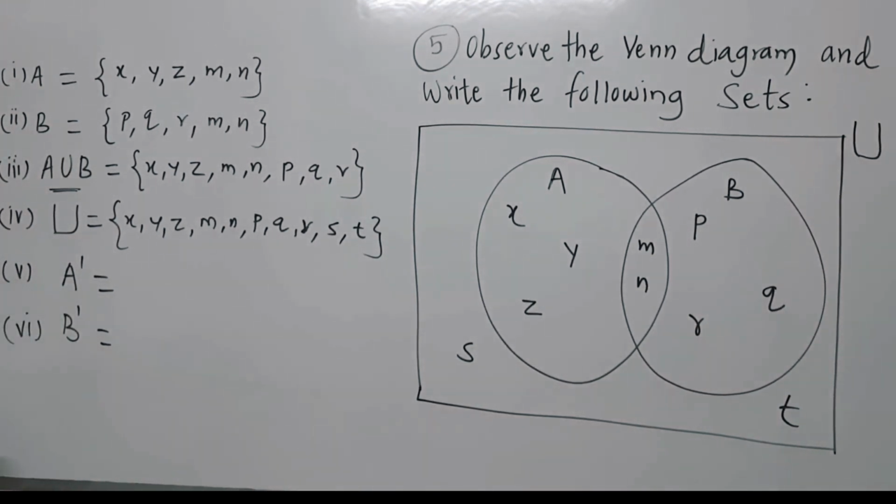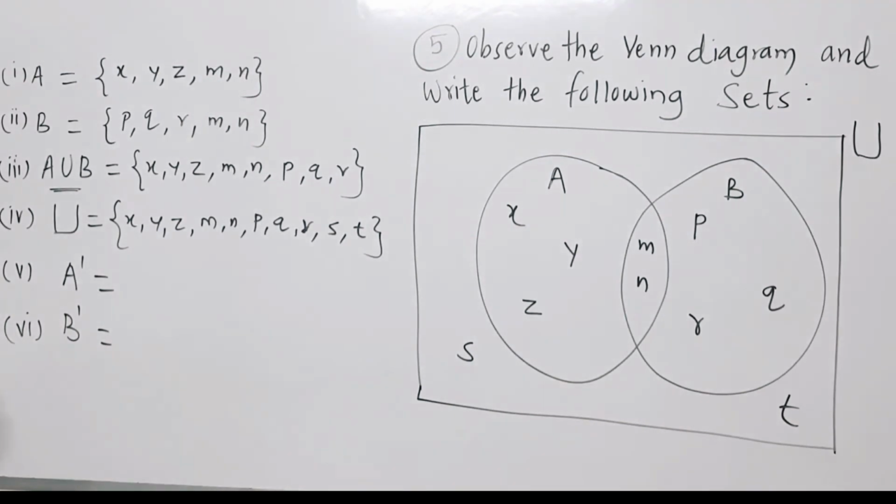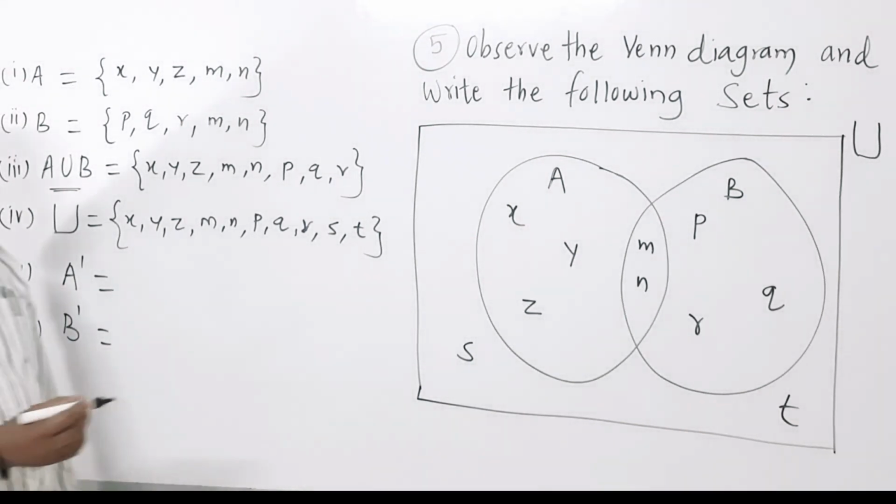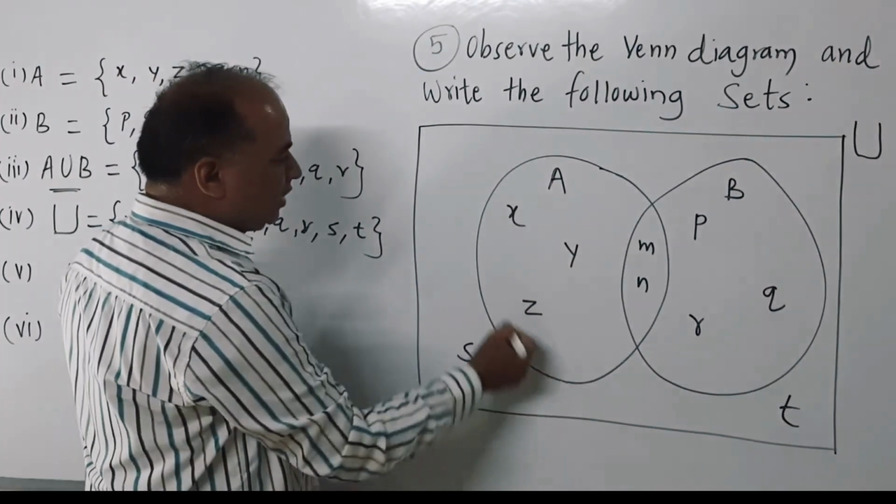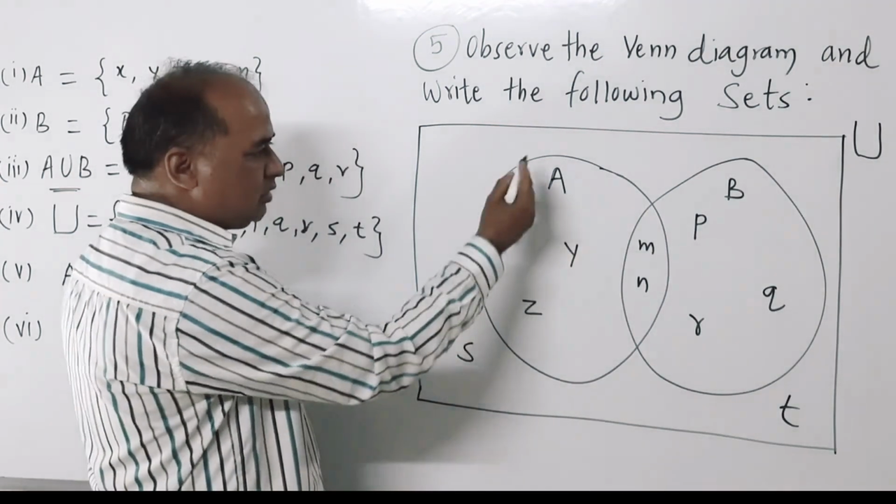Now the elements present in A dash, that is A complement. The elements which are in A will not be in A complement.